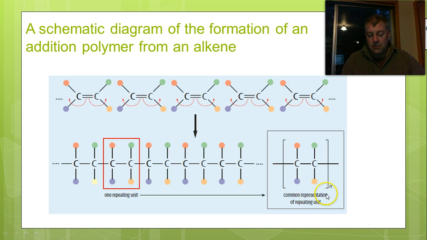But the common way of drawing it is to put it in square brackets like this with an n, because n is a large integer basically. And so this is the repeating or reoccurring unit, and you can see here that that could have been drawn around that lot there, or this lot here, anywhere. So make sure you understand that diagram and what's happening.